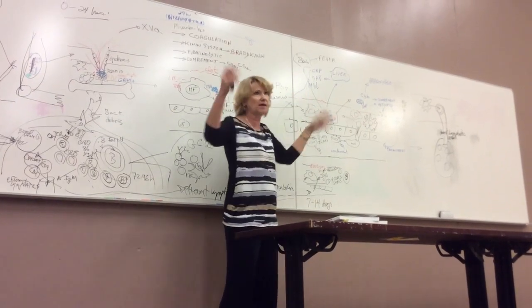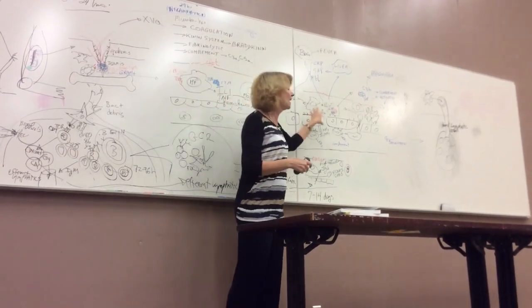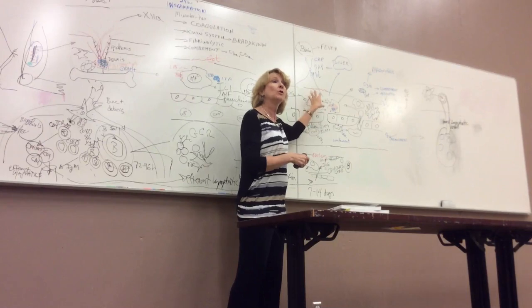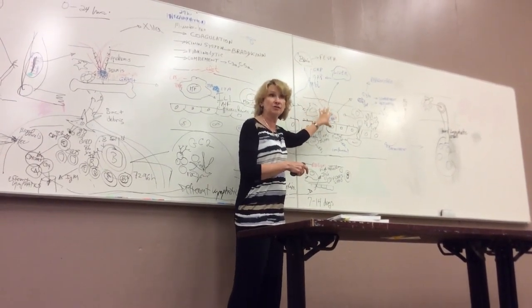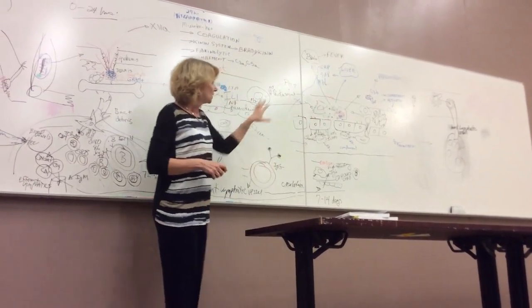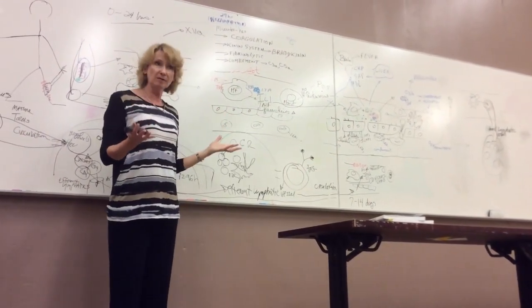You know, anybody that has complement on the surface is picked up. Now it's really helping target those microbes by the macrophage and the other phagocytes. Okay, so that's what's occurring in a Th1 response.